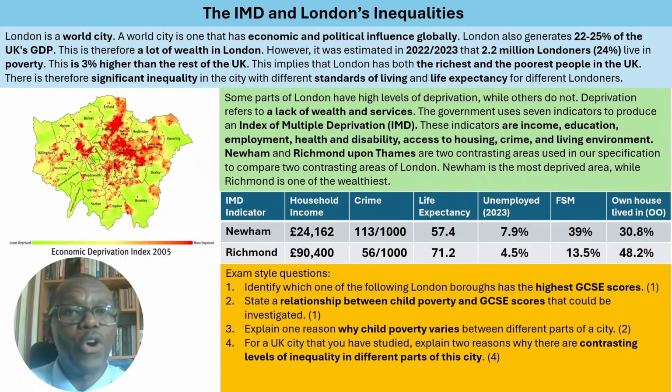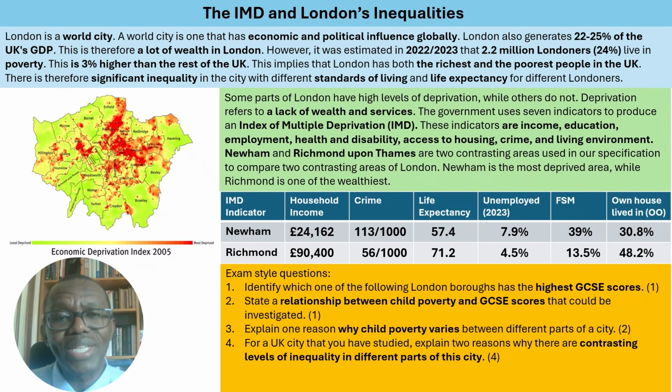The next thing that we are going to look at is the IMD and London's inequalities. So London, as we said previously, is a world city, one that has economic and political influence globally. And we also did say that it generates a quarter of the UK's GDP, and therefore there is a lot of wealth in London.